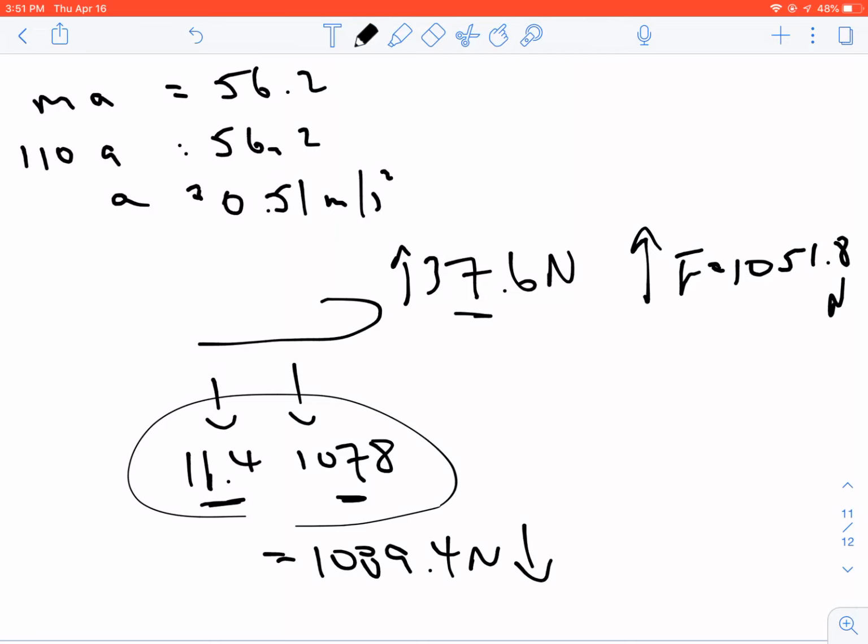No, that's not even a possibility. 56. Okay, so the answers in the back of the book are really not looking especially helpful. So those should be the answers.